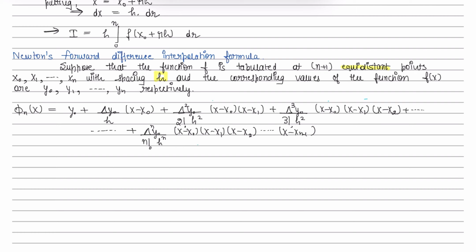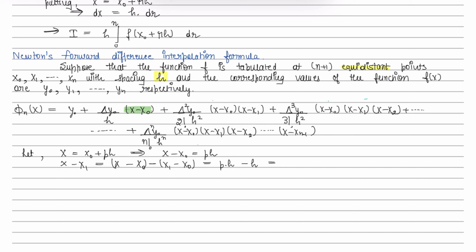We can further simplify this polynomial by taking x as x0 plus p times h, implies x minus x0 value will be p times h, which can be replaced in this, and for x minus x1, which can be rewritten in the form of x minus x0 minus x1 minus x0, and the value of x minus x0 has already been calculated as p into h, and the distance between x1 minus x0 will again be h.